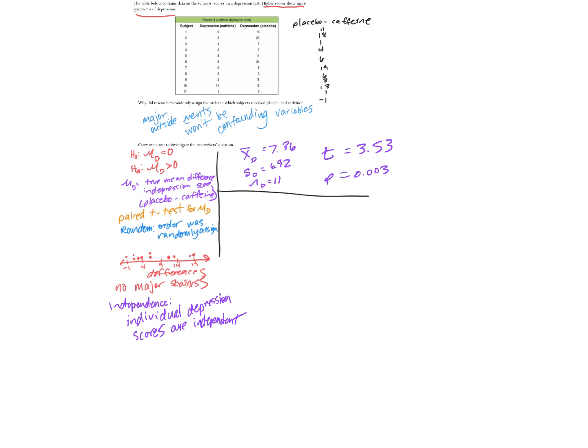What if we had done caffeine minus placebo? What about this would change? What would be the same? T would be negative. What else? The alternative hypothesis would have to be less than.